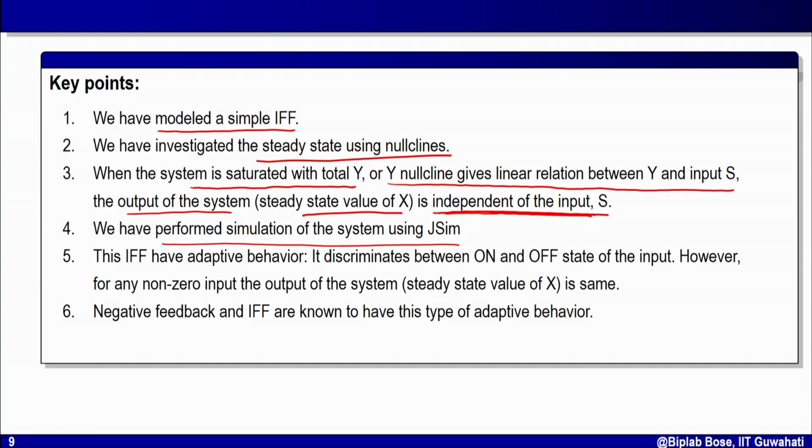And we have shown that the motif can discriminate between on-off state of the input. However, for any non-zero input, the output of the system, that is the steady state of X, is the same. So the system is adaptive.